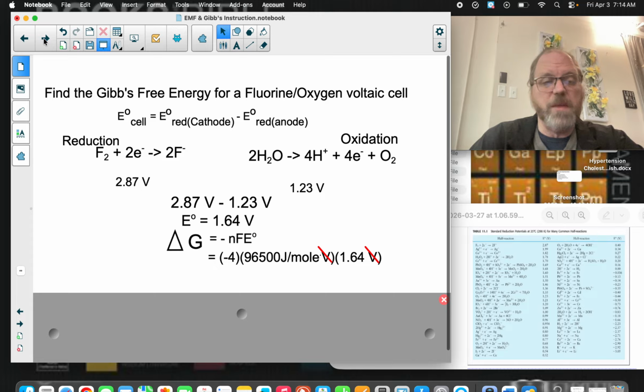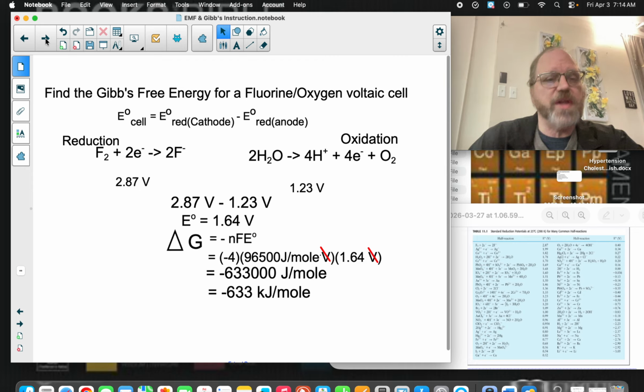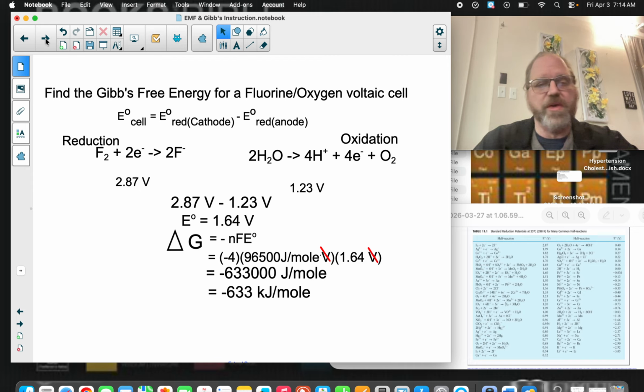My volts cross out. When you get that, we get 3 sig figs of 1.64. So we get negative 633,000 joules per mole. But remember, we don't ever use joules, we use kilojoules, so divide by 1,000. So the answer there is negative 633 kilojoules per mole. Hopefully not too bad. All right, now let's try another one.